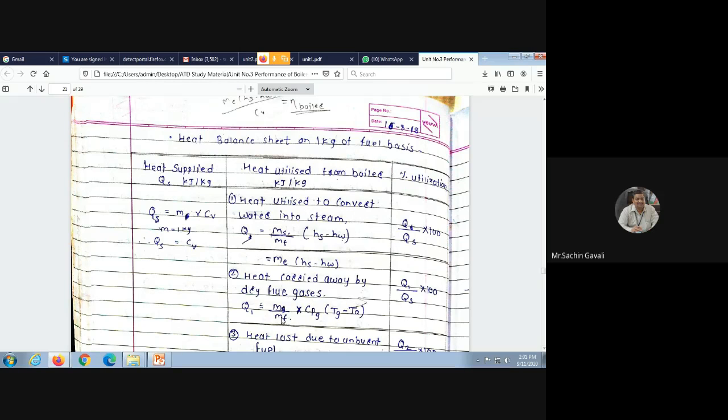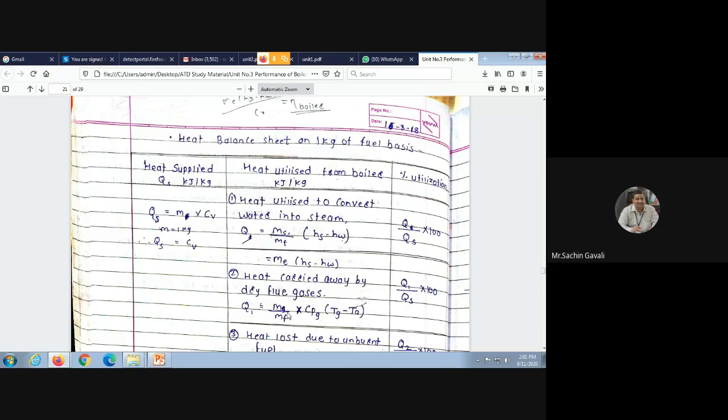So mg upon mf into cpg into bracket tg minus ta. This is the loss, heat utilized in the form of loss, whereas the other is effectively utilized for converting water into steam. Percent utilization is Q1 divided by QS into 100, so it will be loss, and the other will be efficiency.